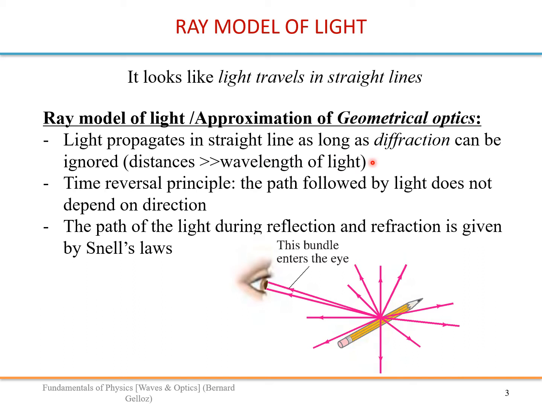It's typically the case for visible light, because by now you should know that the typical wavelength for visible light is about half a micrometer. So basically from about 0.8 micrometer for red light to 0.4 micrometer for blue light. So it's quite easy in everyday life to have distances that are much greater than a micrometer.